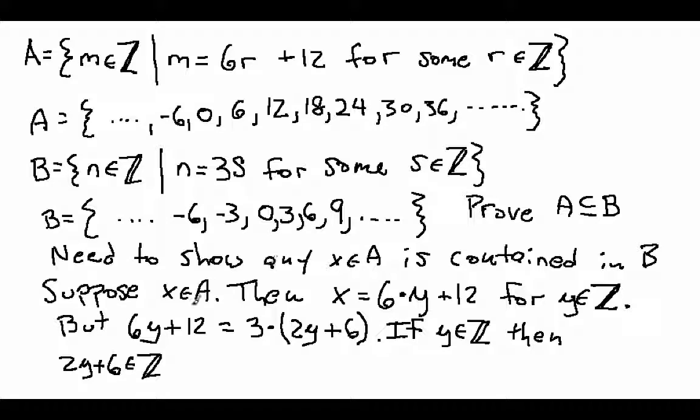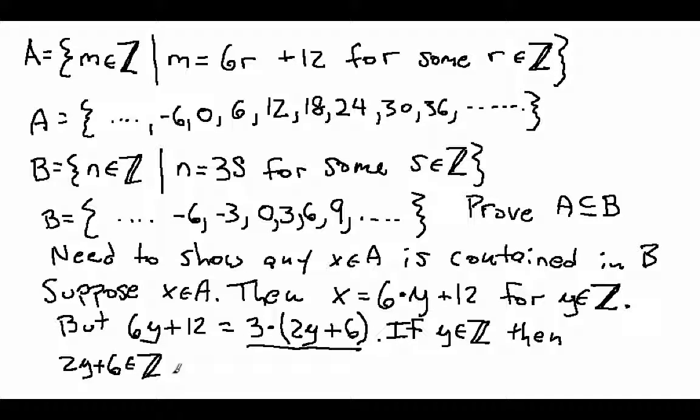So what I've done here is I have now shown that if x is equal to 6y plus 12, I can rewrite 6y plus 12 as 3 times (2y plus 6). But 2y plus 6 is an integer. And notice here, I have shown that any number that's contained in A can be rewritten as 3 times some other integer.